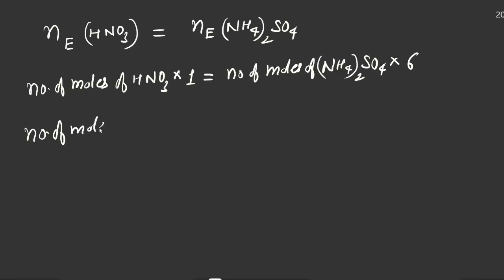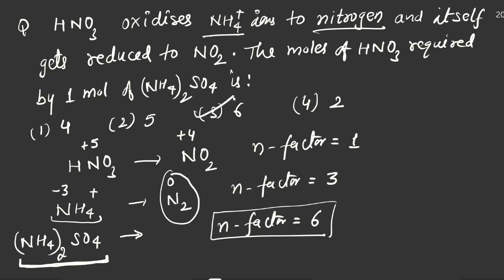How many moles of ammonium sulfate are given? 1. So 1 into 6, it should be 6 only. Yes, it is 6. So option 3 is correct.